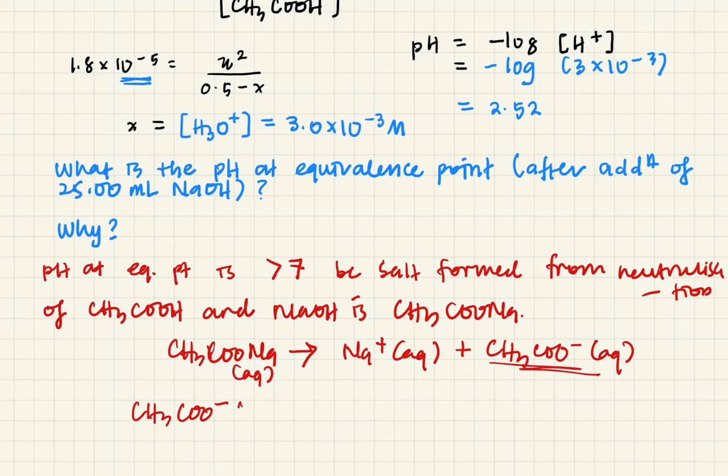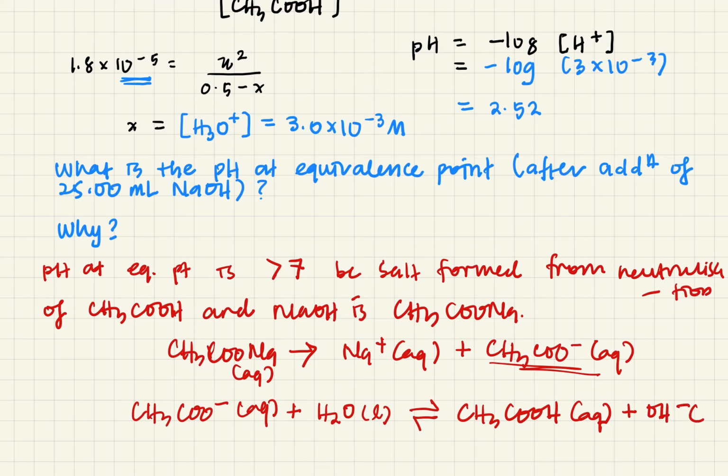Okay, so this is the hydrolysis of the salt pula. Okay, you will get, okay, so you will form OH minus, you will form hydroxide ion. So tak mahu dah saya nak tulis, so saya cakap je. So the CH3COO minus is a conjugate base from your weak acid CH3COOH kan.